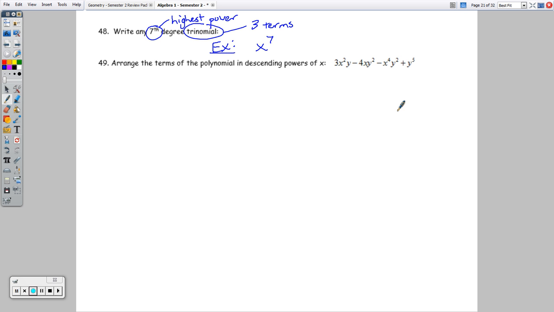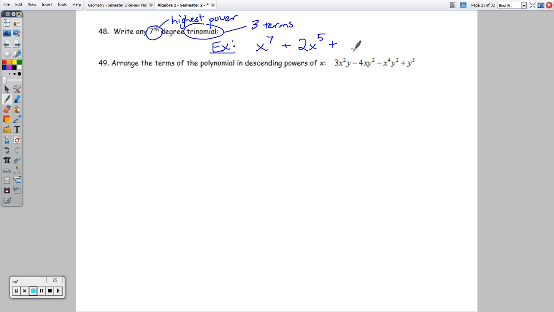I'm going to go with, keep it simple here, x to the 7th would be a 7th degree trinomial if that's the highest power. I could do 2x to the 5th. I could do 3x to the 4th. I could do anything else I wanted to do there. And then this third term just has to be different than 7th powers and 5th powers. It could even include more variables.